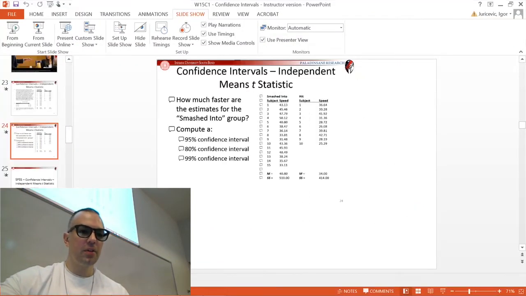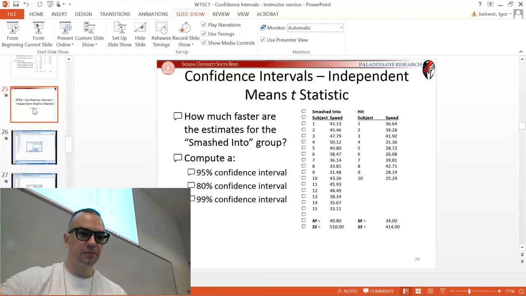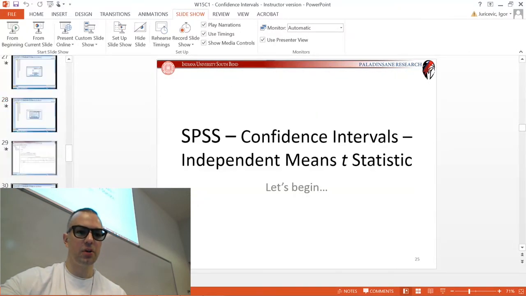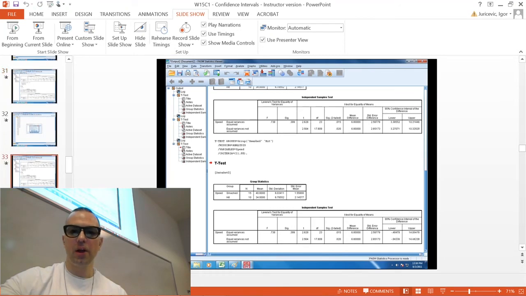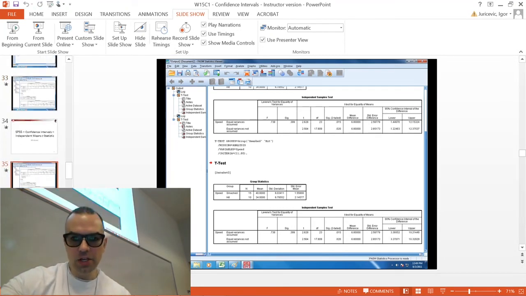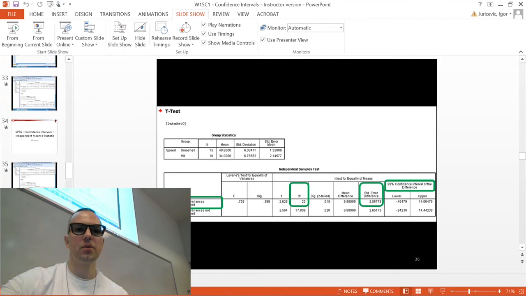So now that we have those calculated, it is time to do the analysis and take a look at where we can find the information that we are looking for. So we have our output.